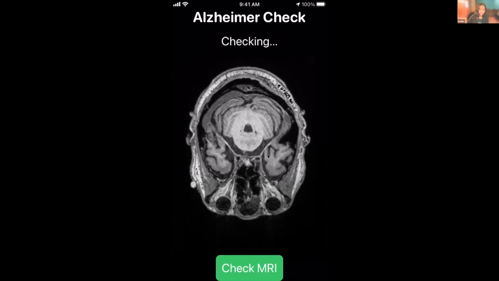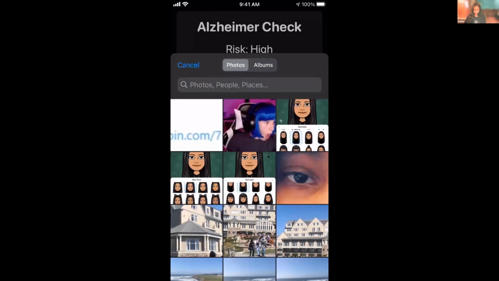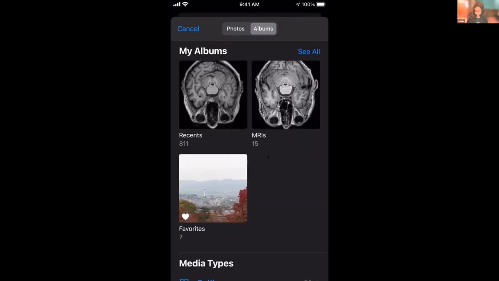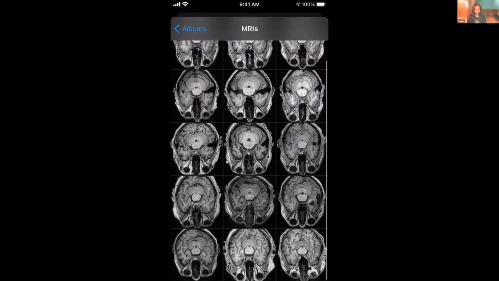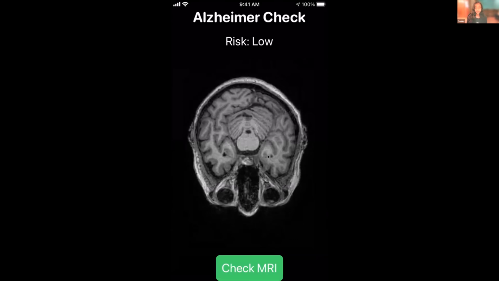Let's just say I picked this one. It'll check it and it will talk to the AI, and the AI predicted that the risk of this patient getting Alzheimer's is high. Next, if we go again, let's show this one. The risk is low.